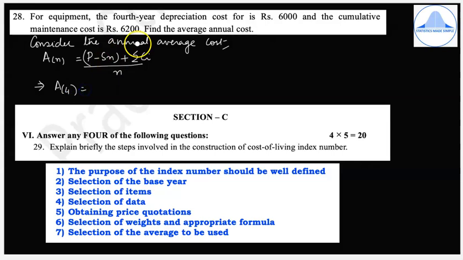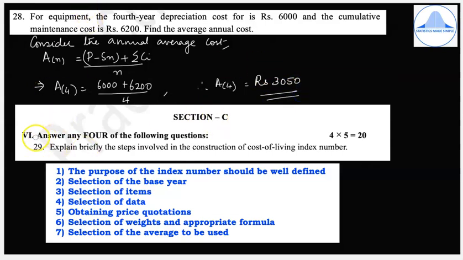P minus Sn is nothing but the depreciation cost, that is 6,000. Cumulative maintenance cost means summation Ci is 6,200, divided by 4. So you will get the annual average cost for the 4th year as rupees 3,050.